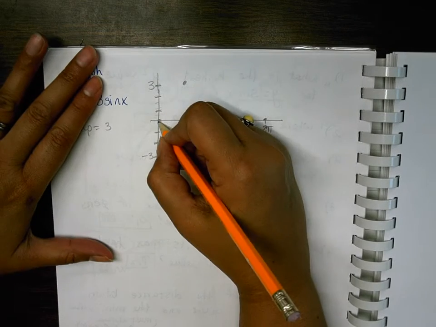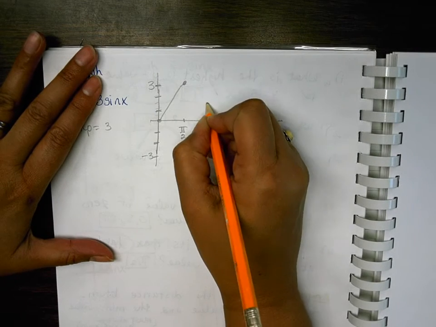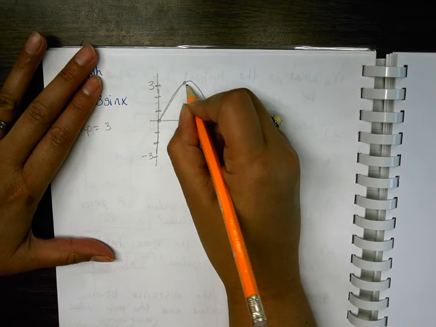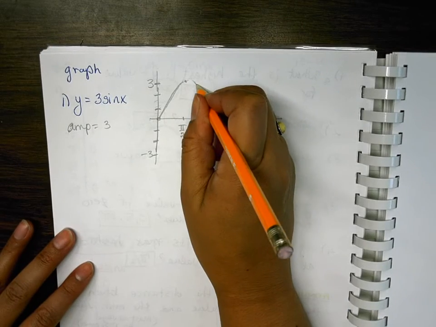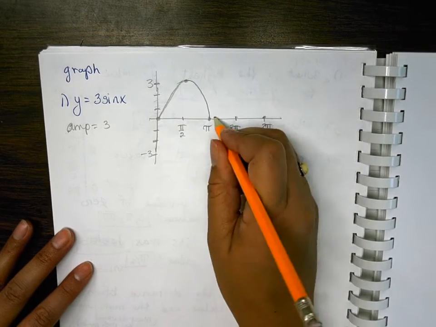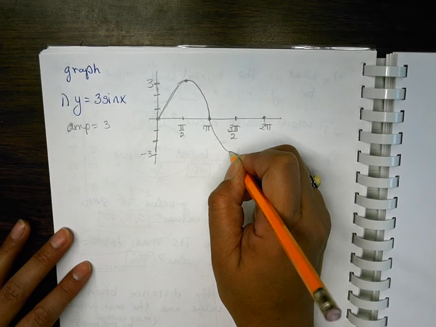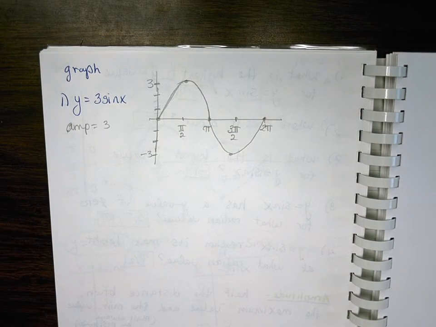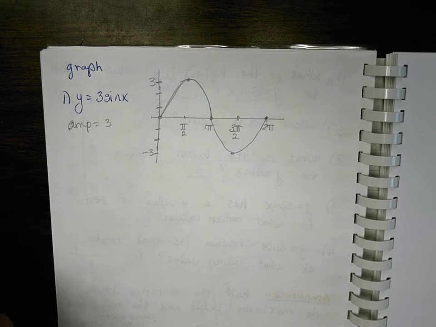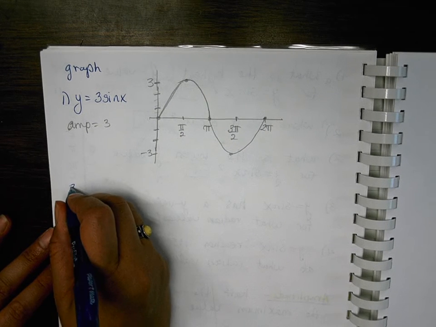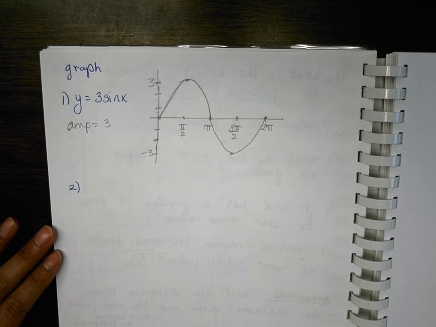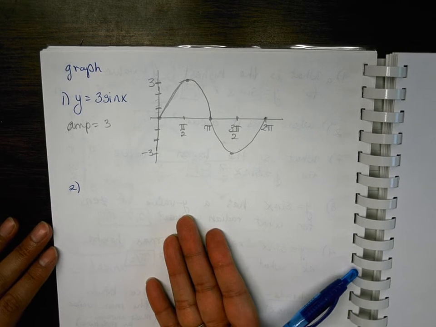And then you make it as curvy as you can without any V shapes. And there you go. Makes sense? Okay. Did I go too fast on that one, or are you guys okay?